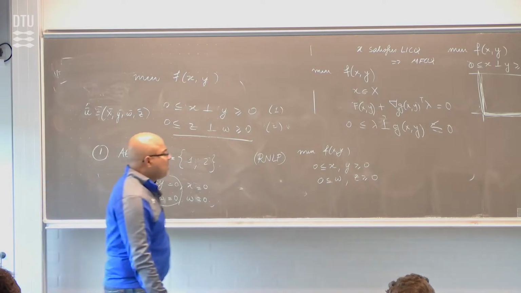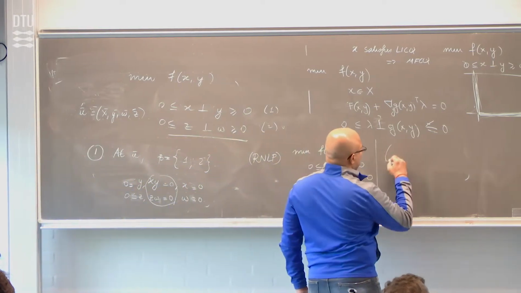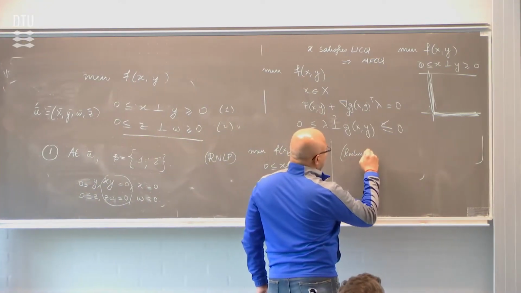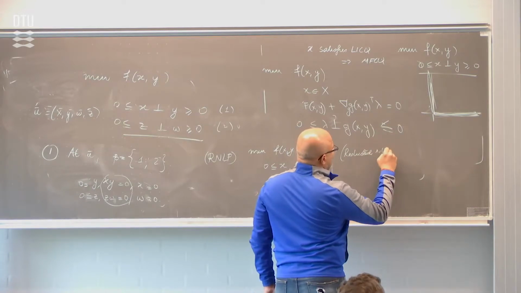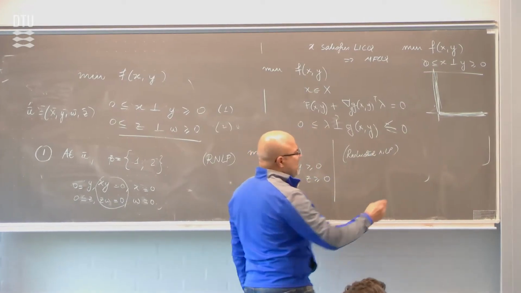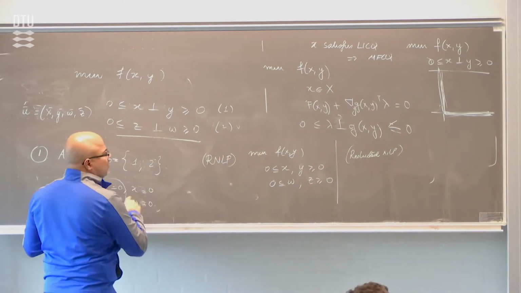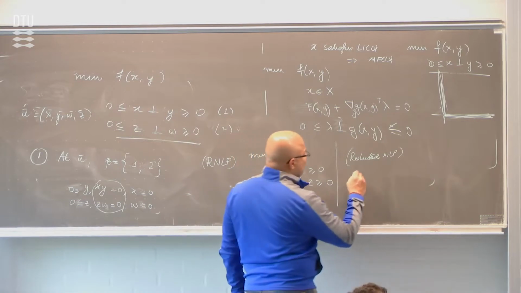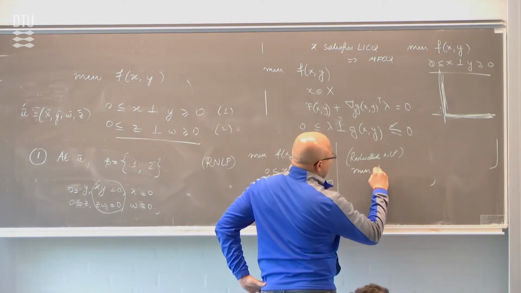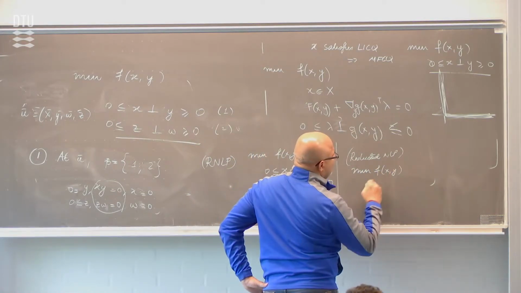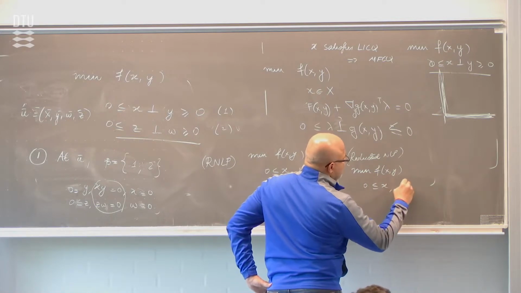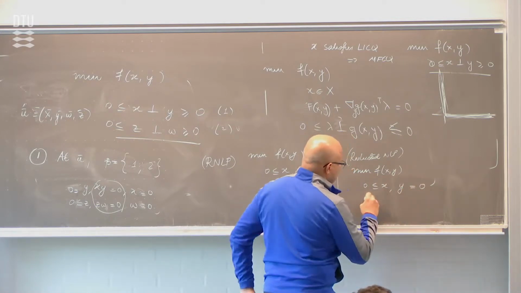In the restricted problem, I'm going to assume that I keep one of these active, the other inactive. So I'm going to just say minimize f of xy, subject to x y equals 0.